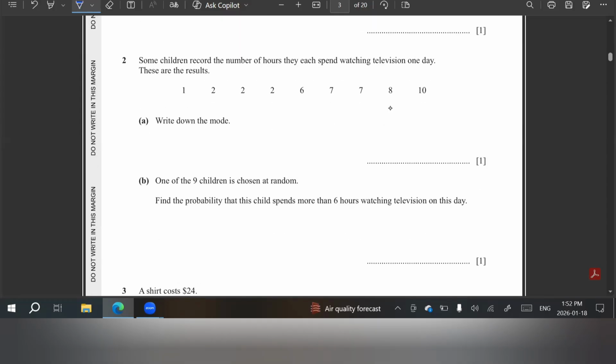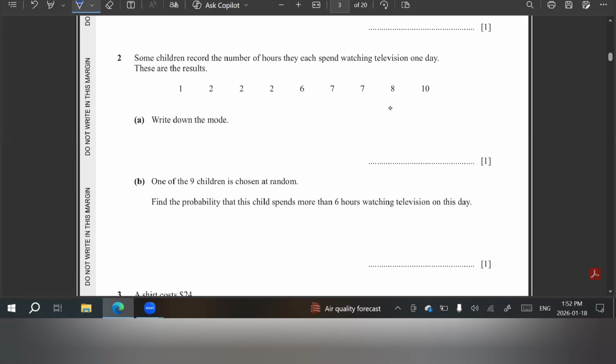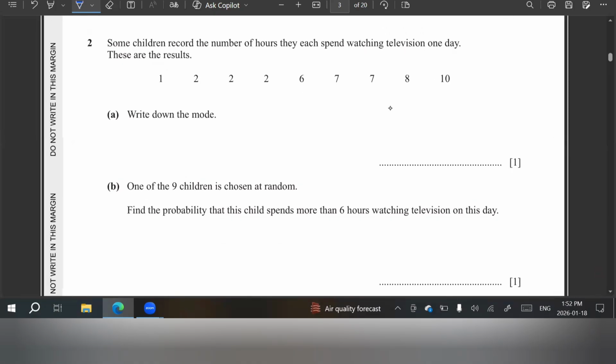Now we have question number 2 coming up on your screen. It says some children record the number of hours they each spend watching television one day. So these are the results: 1, 2, 2, 2, 6, 7, 7, 8, 10. Write down the mode. Mode is that number which is most frequent in the data.